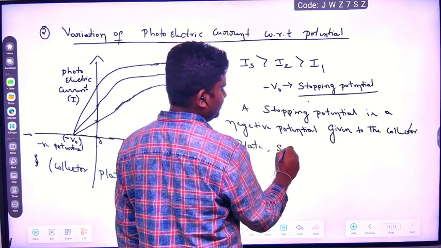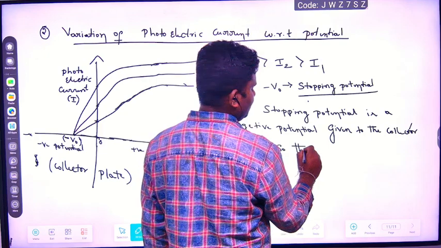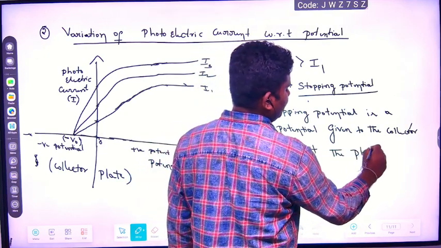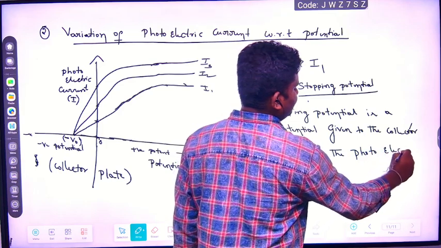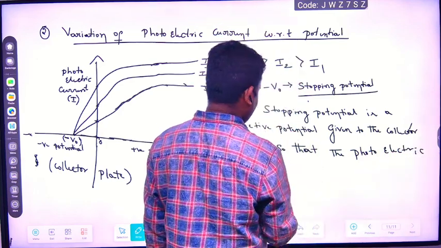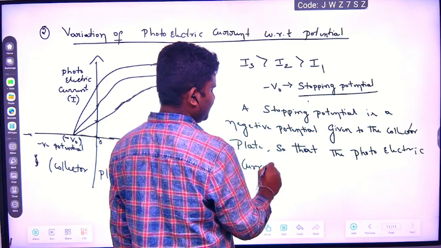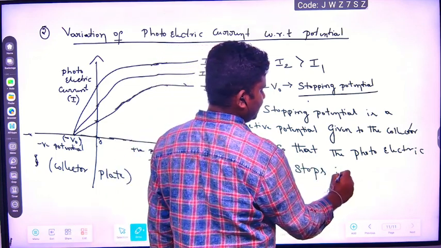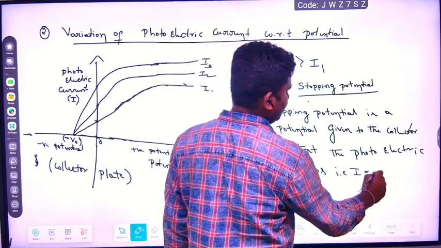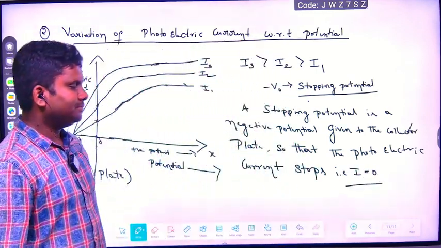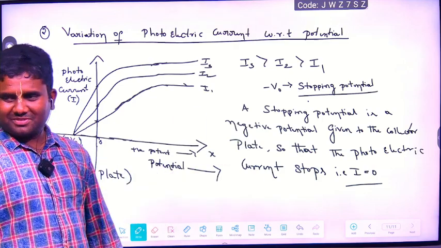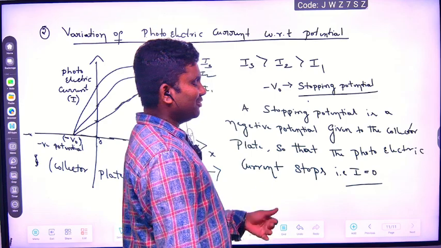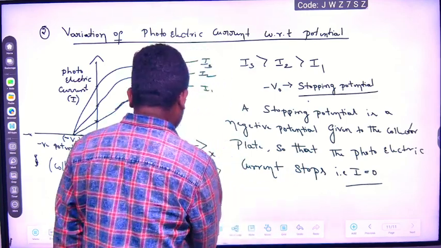So that the photoelectric current, what happens? Stops. That is, the photoelectric current is zero. The flow of charges stops. Actually, the photoelectric current is zero and the flow of charges stops, you should write.